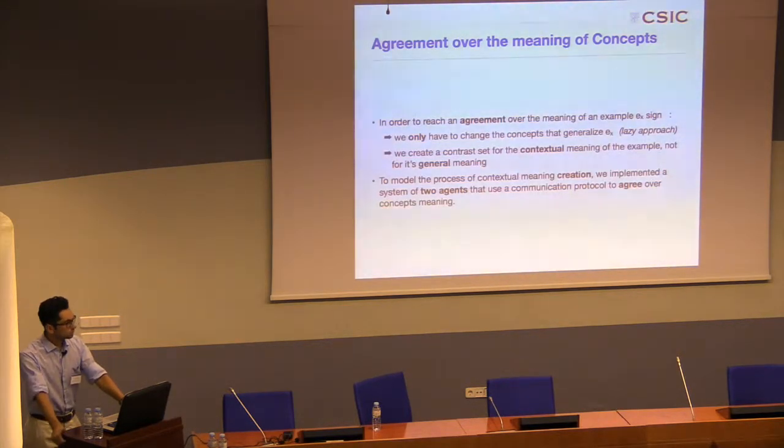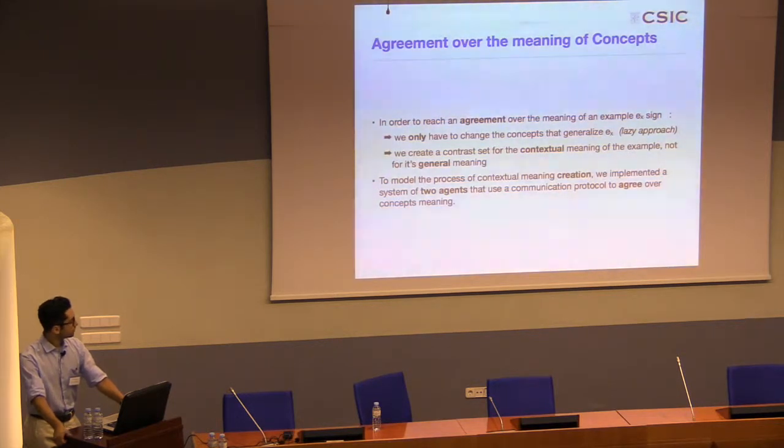So, 2 things that are relevant in our approach: first, we only have to change the concept that generalizes the example that is presented to reach an agreement. When we try to reach an agreement, we are not trying to redefine our whole lexical field to understand each other. We only change the concepts that are relevant.